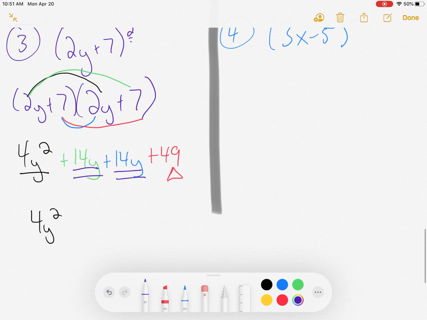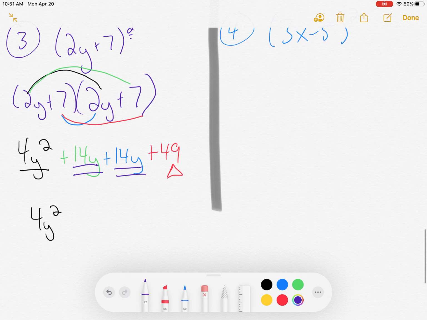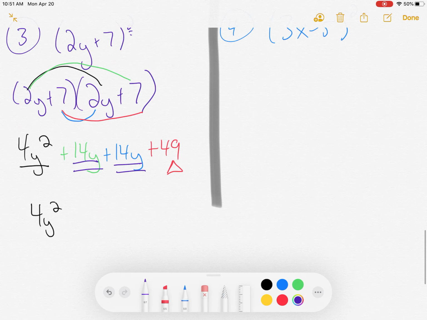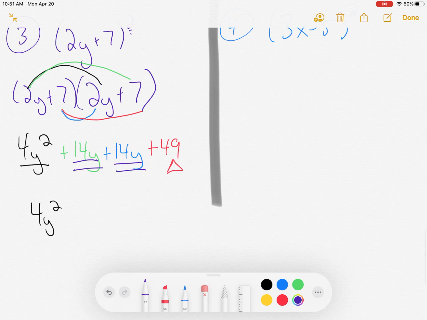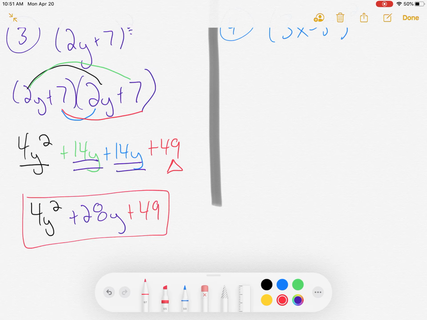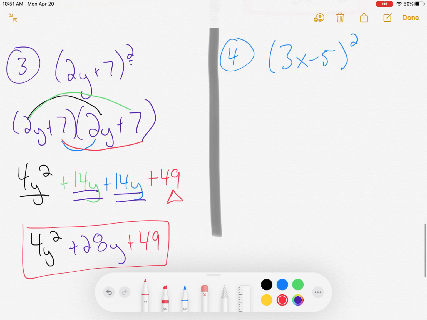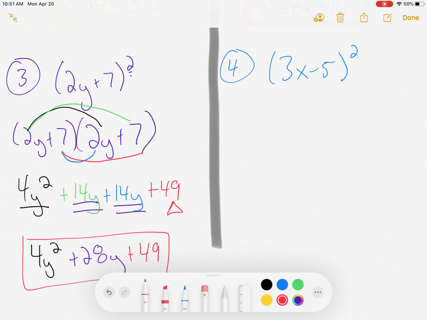So my only number of y squareds is my first term, 4y squared. In the middle, I have 14y plus 14y. If you have 14 yo-yos and add in 14 more yo-yos, 14 plus 14, you should get plus 28y. On the very end, only number is just plus 49. That is your final answer.